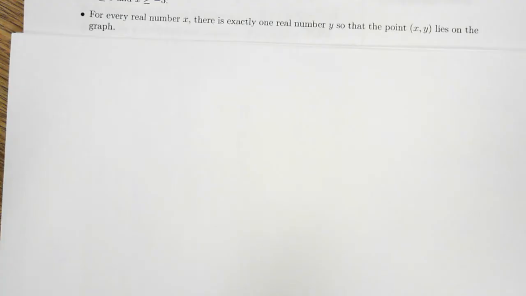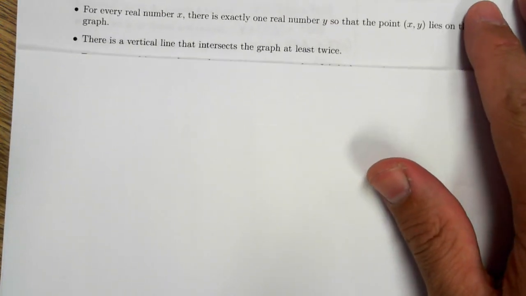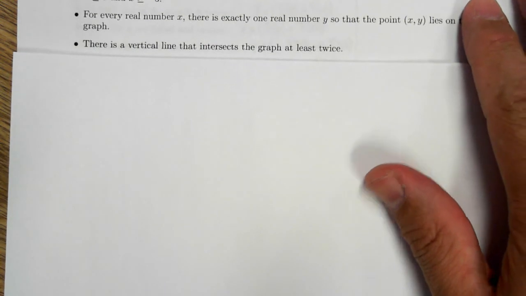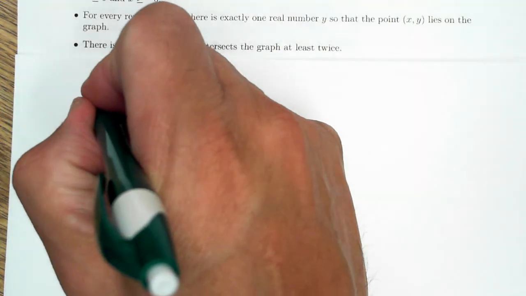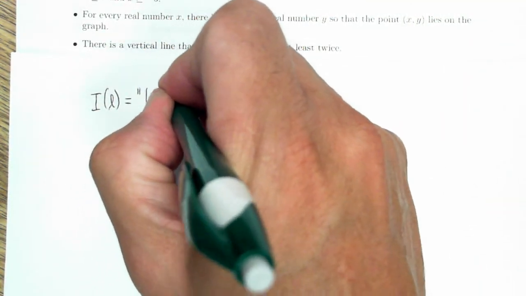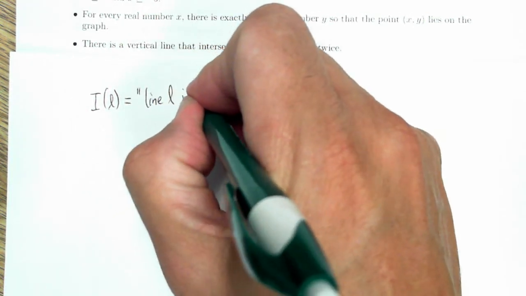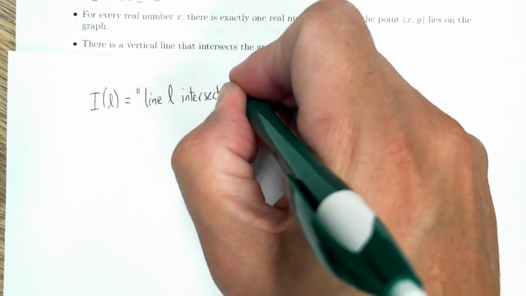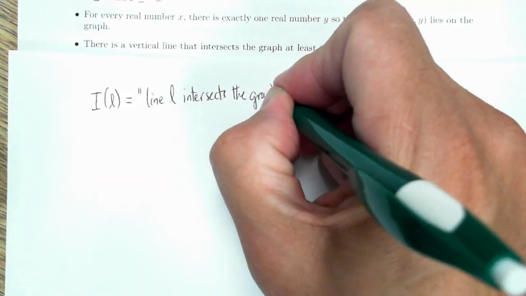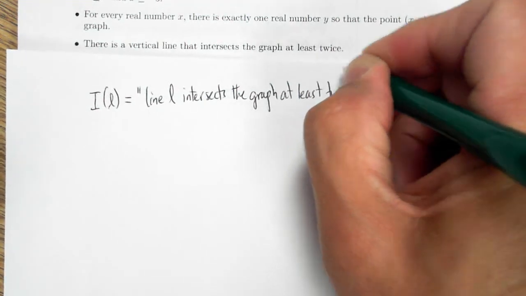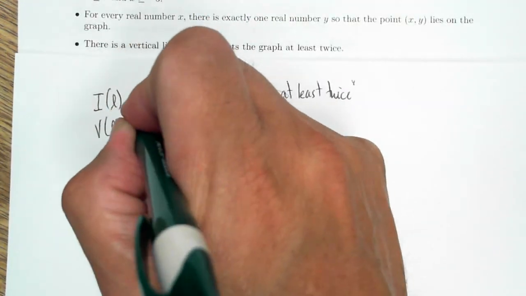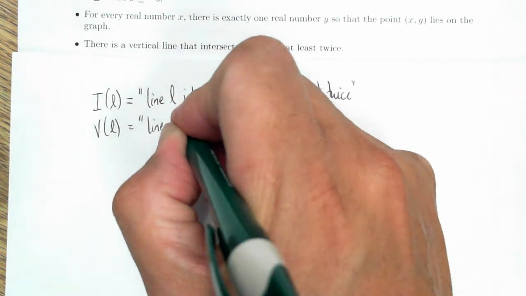Okay, continuing. The next one: there is a vertical line that intersects the graph at least twice. This is a familiar concept from algebra. So let's define a couple of predicate functions. Let's define the intersect function, I of L, to mean that line L intersects the graph at least twice, and let V of L be that line L is vertical.